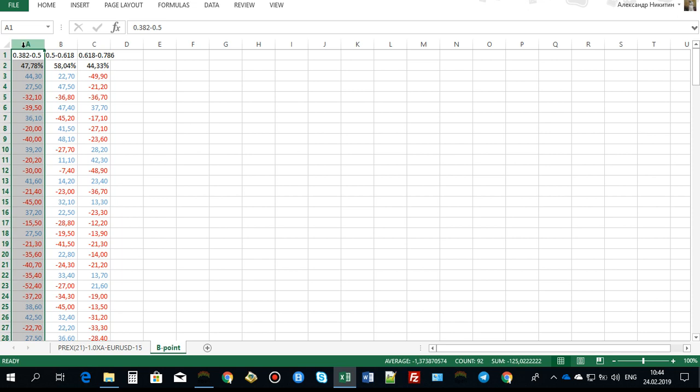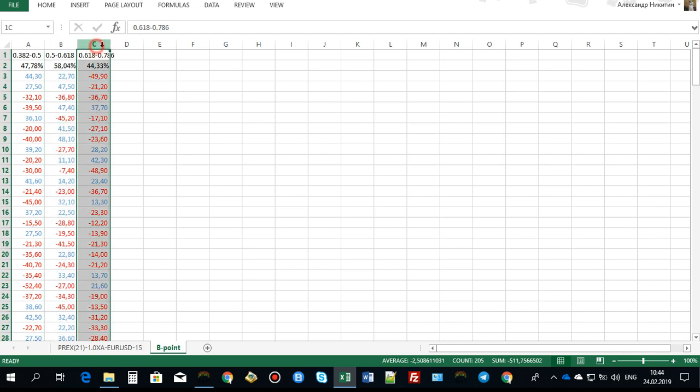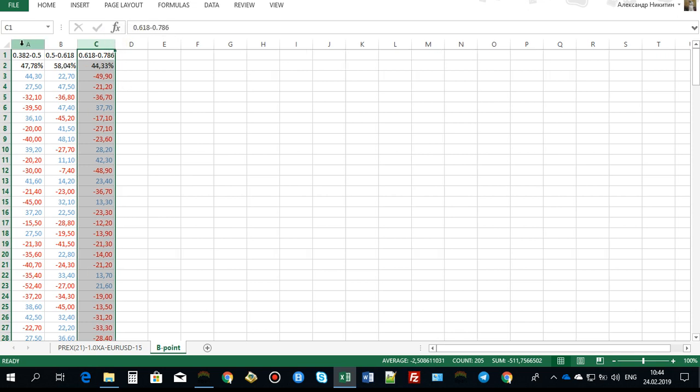So we have 47% probability for shallower B point, 58% probability for 0.5 to 0.61A, and 44% probability for 618 to 786. As you see from previous results, these two vary. Sometimes 47, 48, sometimes this one is 40 something, right now it is 58.